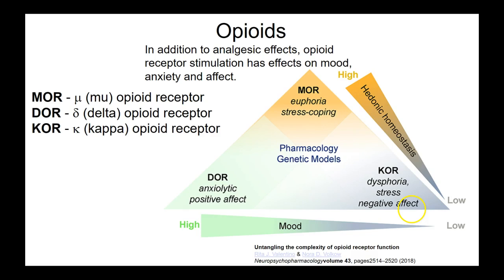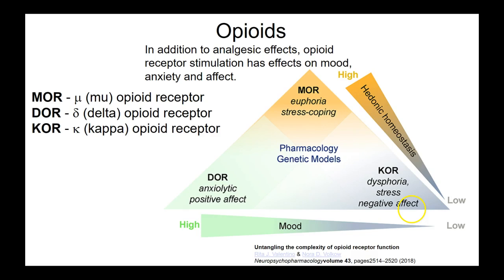So we have 3 separate opioid receptors. Most of the drugs are targeting this one, which is involved with euphoria and stress coping. So in addition to pain relief, we're also stimulating euphoria and the ability to cope with stress. If someone comes off these drugs, they're not going to be able to cope with stress as well.